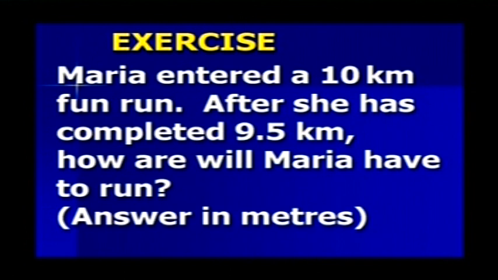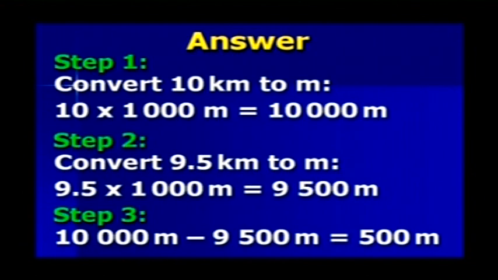So after you had converted those kilometers into meters, you have a separate working out layout. So class, I'd like you to look up here. Okay, so firstly you convert, all right? So when you convert, 10 times 1,000 meters is equal to 10,000 meters. So that is separate.